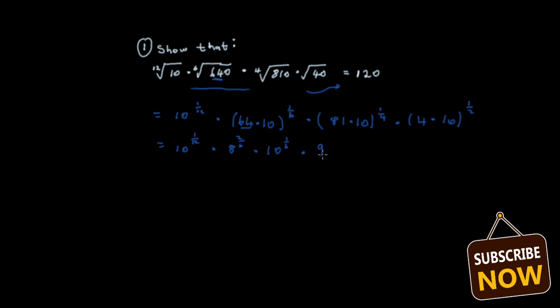We can change it to 9 to the power of 2 over 4, multiplied by 10 to the power of 1 over 4, multiplied by 2, and to the power of 2 over 2, multiplied by 10 to the power of half.